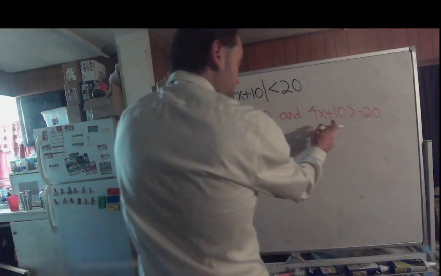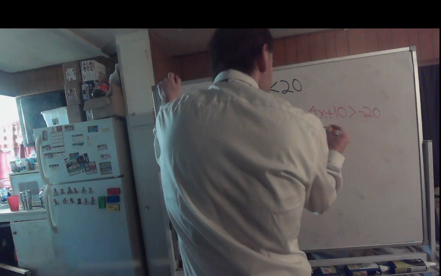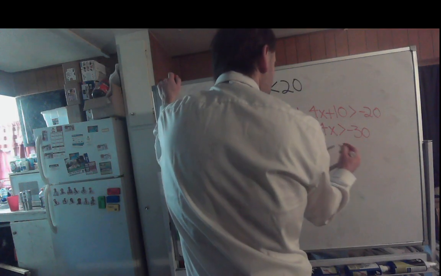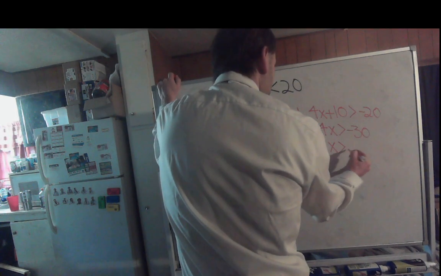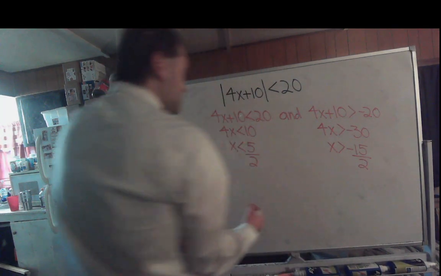Now come over here, 4x plus 10 is greater than negative 20. That would end up giving you 4x is greater than negative 30, which would give you that x is greater than negative 15/2.